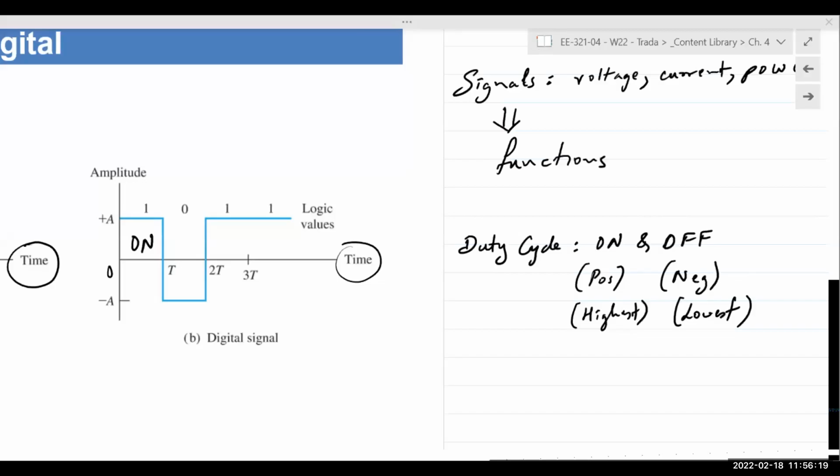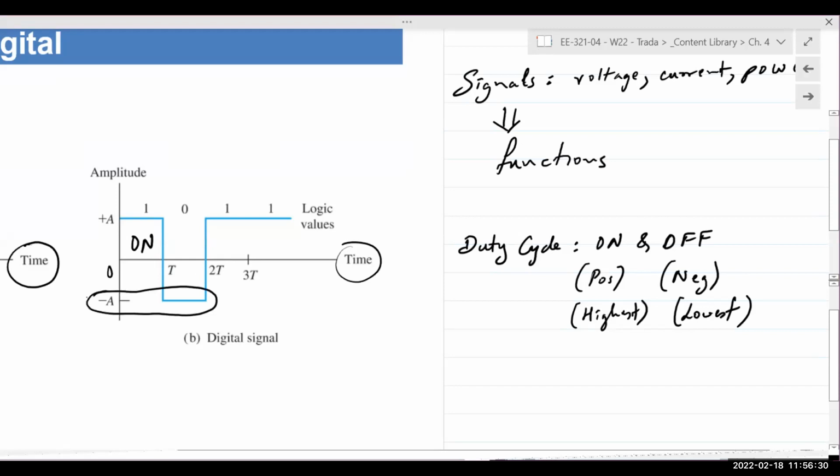Then in the second time period, between t and 2t, it has a negative value, -a, and we can represent this as off. Then from 2t and beyond, it has a value of +a, which we represent as on.